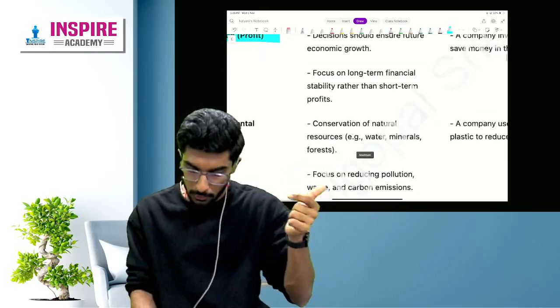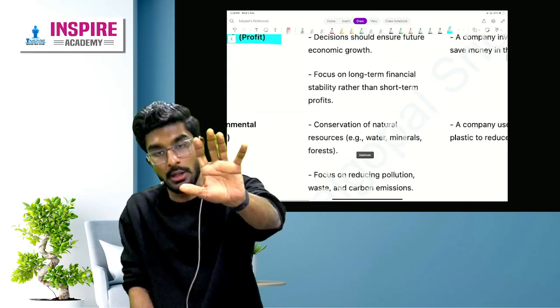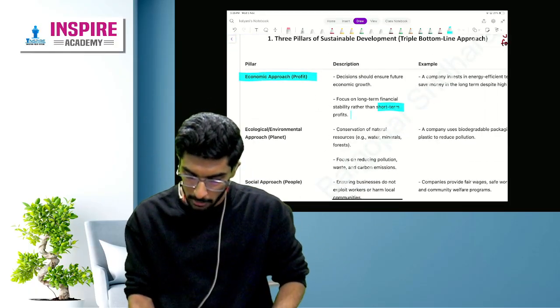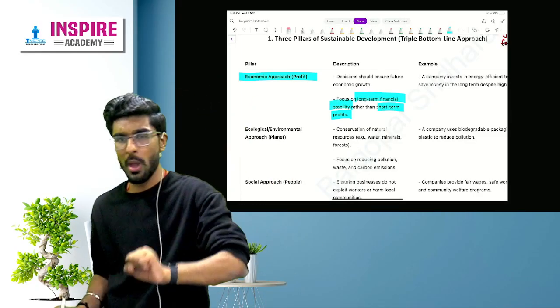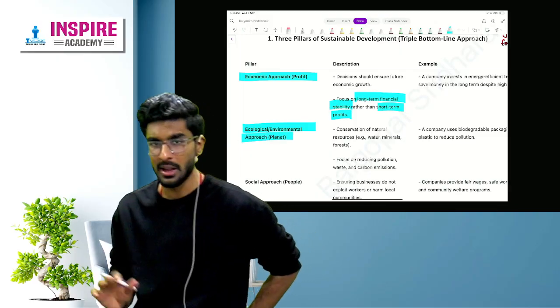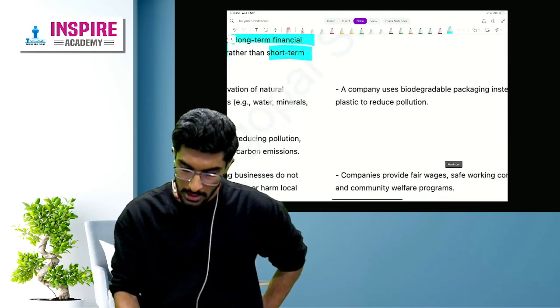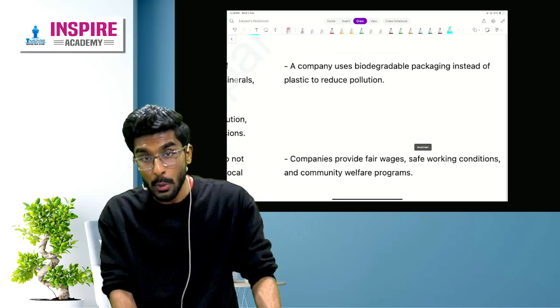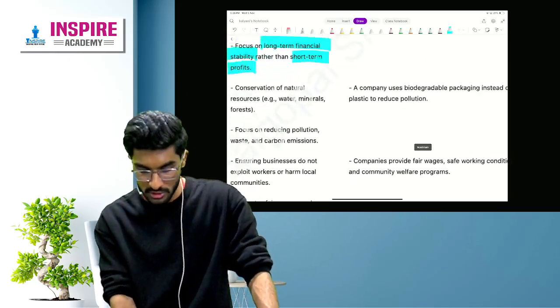And number two is focus on long-term financial stability rather than short-term profit. You should not focus on short-term profit. You should focus on long-term financial stability. Very easy, people. And then comes the environmental approach. That means what? You have to save the planet. A company uses biodegradable packaging instead of plastic to reduce pollution.